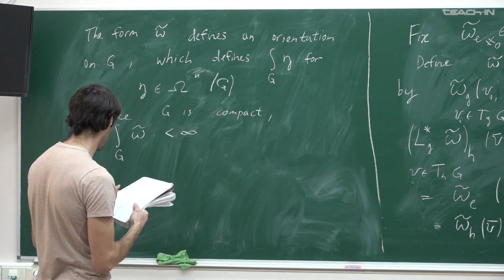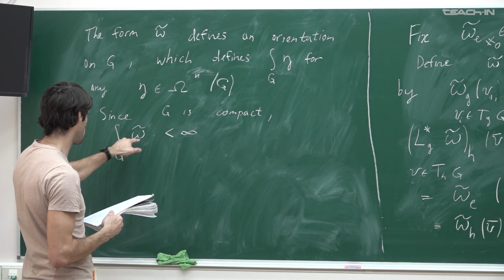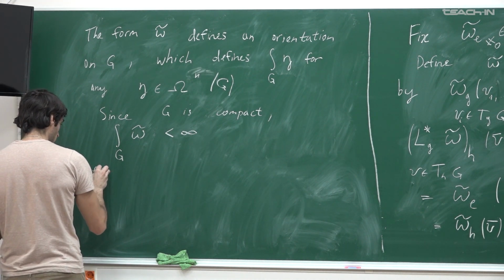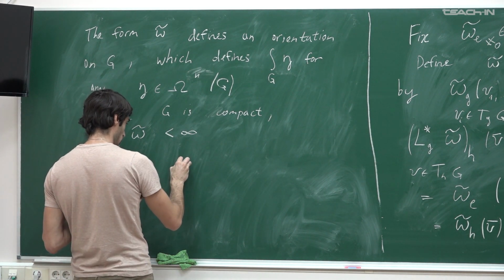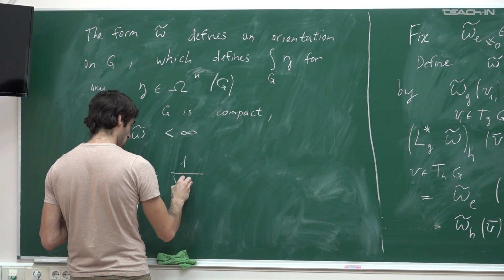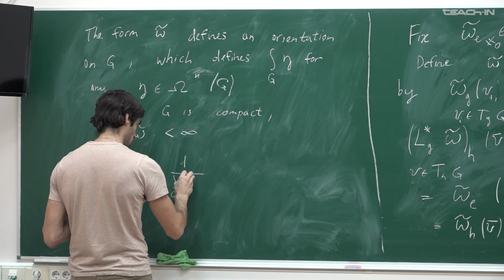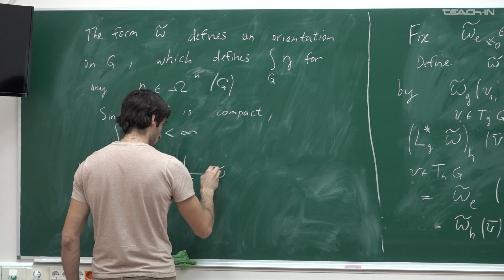So therefore, we just can take this number and normalize our omega tilde. So we define omega to be 1 over this integral times omega tilde.